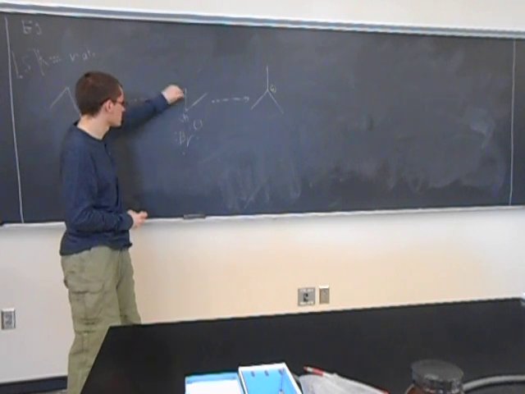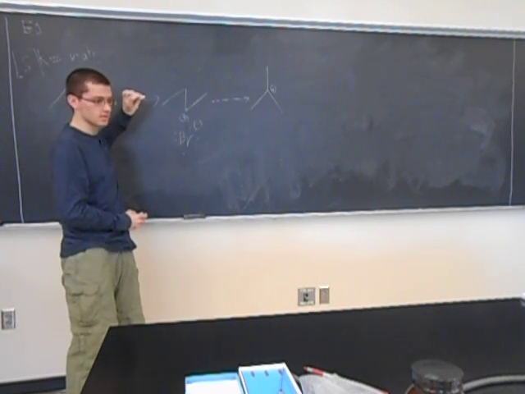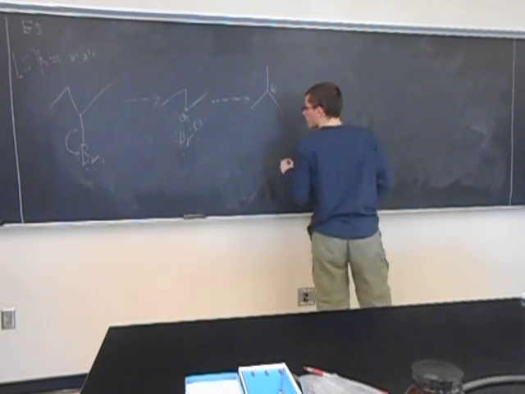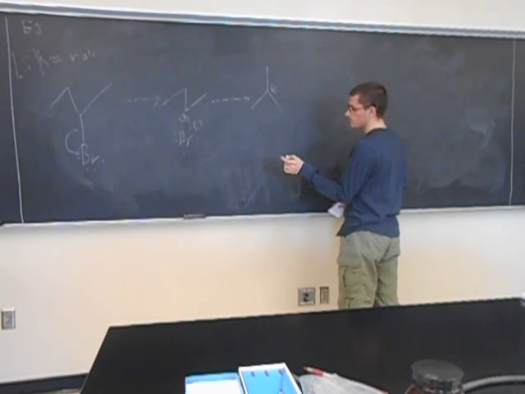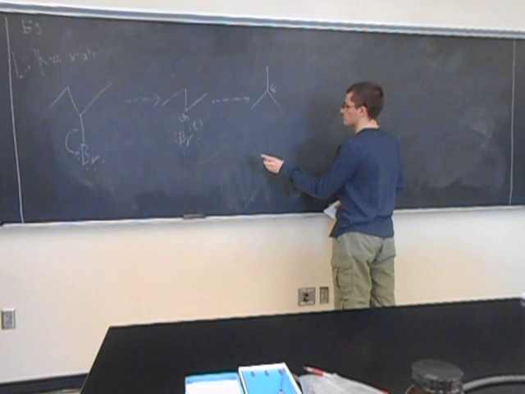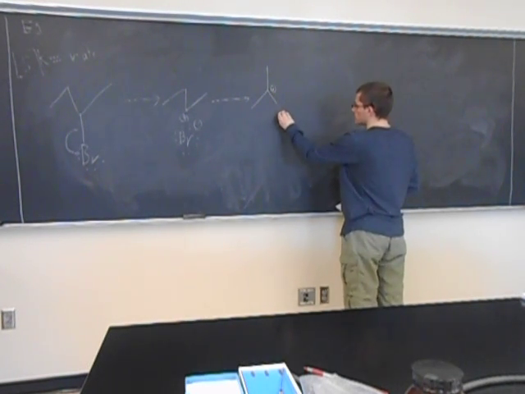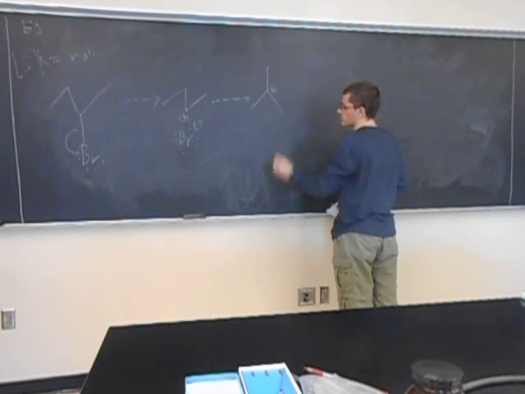We'll be coming back to this later to explain the difference between Zaitsev and Hoffman, but to start with, what we'll get as a result from the methyl shift is this.